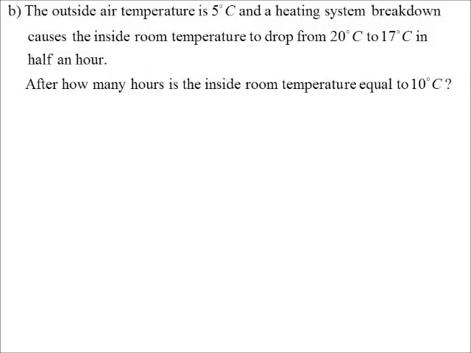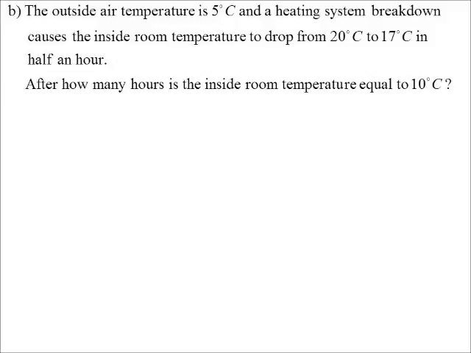All right, outside air temperature, 5 degrees Celsius. It's a pretty cold day. But the heating system has broken down. Oh no! Causing the inside room temperature to drop from 20 to 17 in half an hour. And everyone's screaming, fix the air conditioning, fix the air conditioning. After how many hours will it drop down to 10 degrees and everyone's crying?